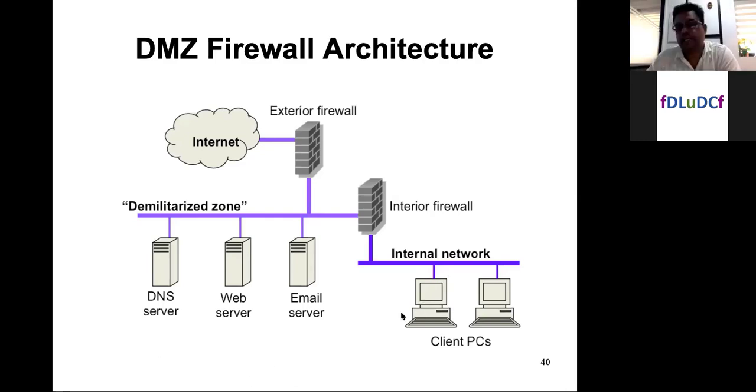If you connect this device to the internet through a different network or different means, like your mobile connection, then you bypass this firewall. So you are bypassing this firewall and connecting to the internet. Through that connection, if you download some malware and it infects this machine, these firewalls are blind.